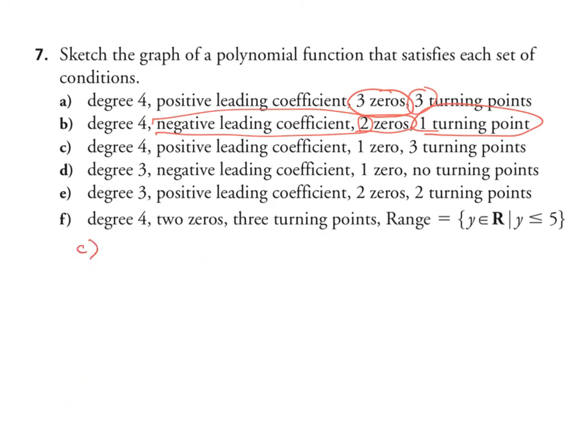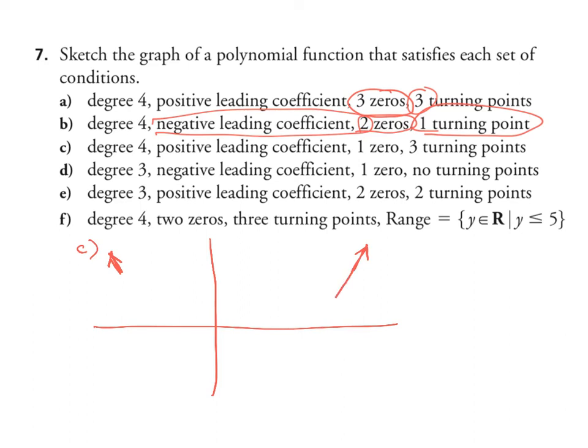C. Degree 4, positive leading coefficient. So I already know it's going to go up like that. And since it's degree 4, it's going to start from over here as well because it's an even degree. 1 zero. Well, if I go through, then I'm going to be forced to get another zero in order to come back. So I can't do that.